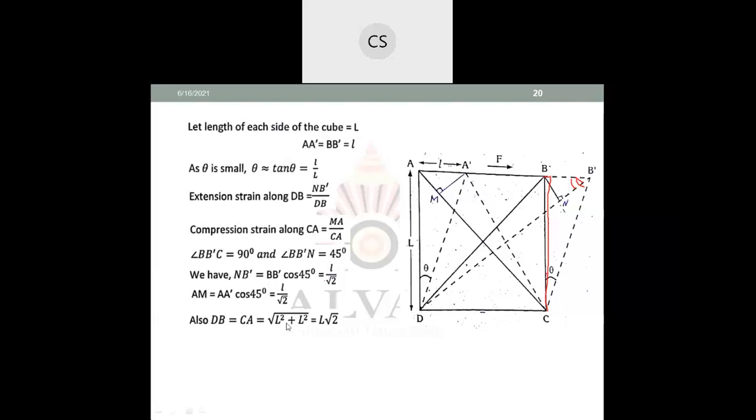You can use the Pythagoras theorem because the length of the edge of the cube is L. All sides are equal, so L, L. Therefore the diagonal is equal to root of L square plus L square, that is L into root 2.